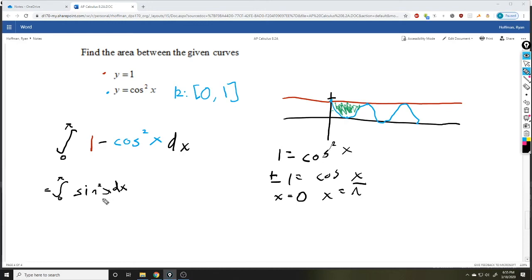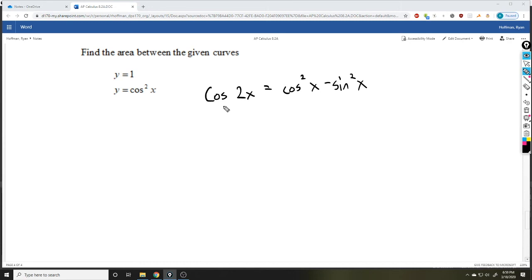So doing this by hand would actually involve using a trig identity. It involves a double angle formula, which is this one, which also equals, if you use, I don't want a cosine squared because I'm just interested in sine squared, so it equals 1 minus 2 sine squared x. And so if I solve this for sine squared, we get 1 minus cosine of 2x over 2.